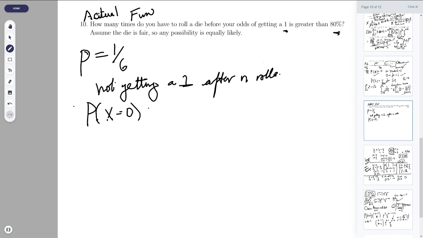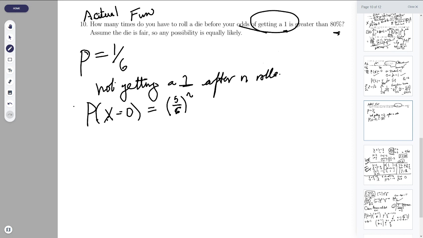So really that is equal to the probability of a failure to the nth power. So it's going to be 5/6 to the nth power. But we're actually interested in the probability of getting a 1. So we don't want the probability of getting none of the 1s.